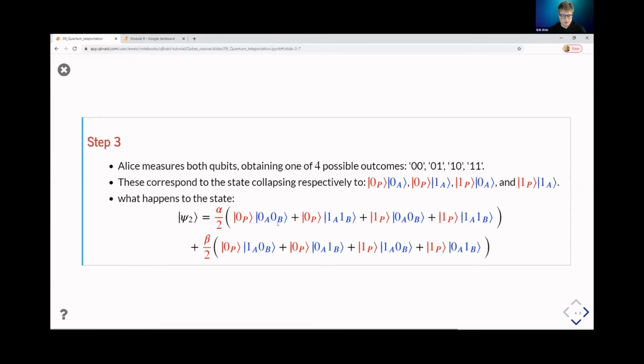I could say this is the first term, second term, third term, fourth term, fifth term, sixth term, seventh term, and eighth term. And again, I do very much apologize for the lack of minus signs. But which terms will remain if I measure 0 for the password qubit?